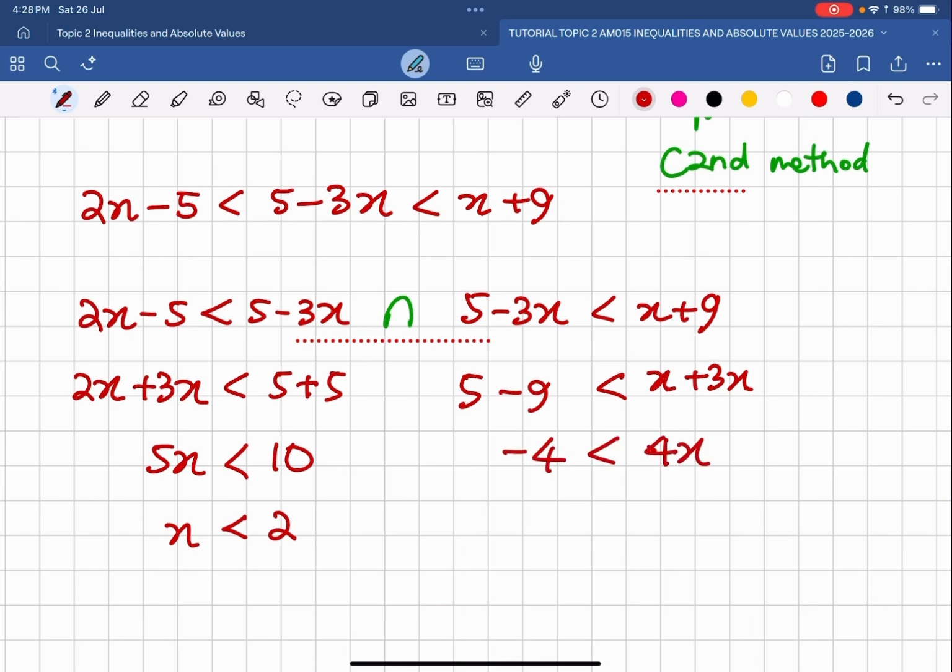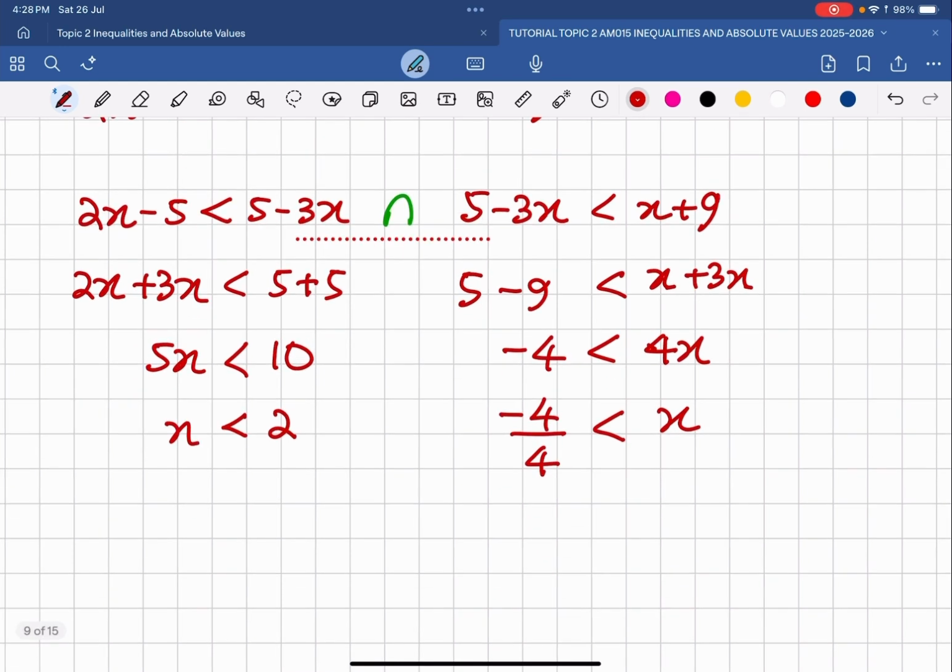And if we divide negative 4 with positive 4, there is not going to be any change of sign because we divide with positive number. It's still going to be less than symbol. Let us simplify first before we swap the places.